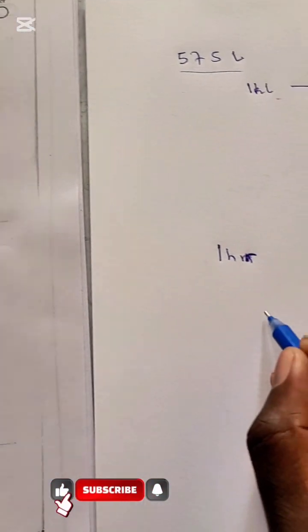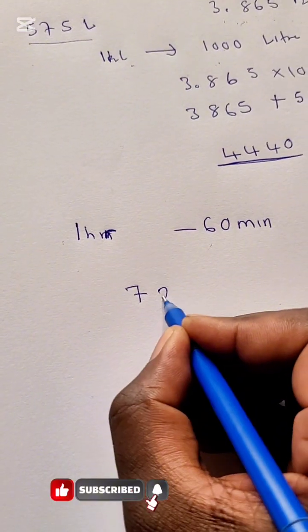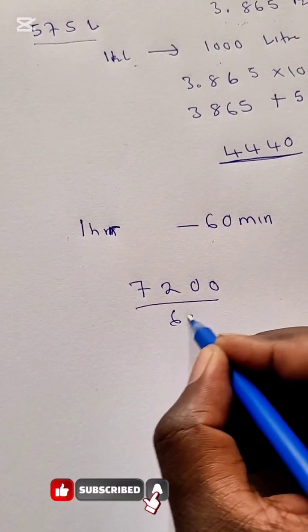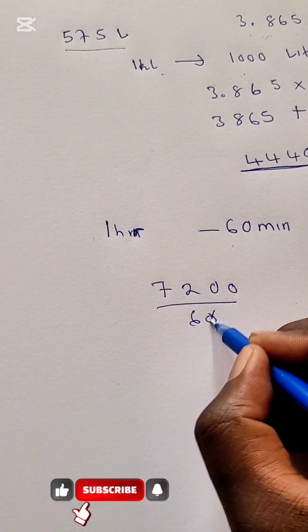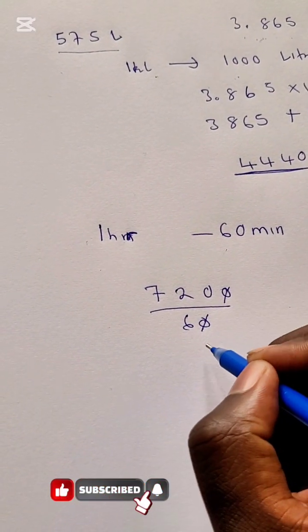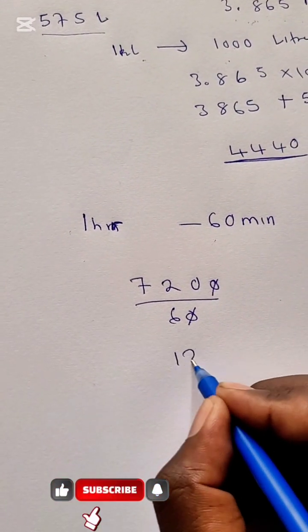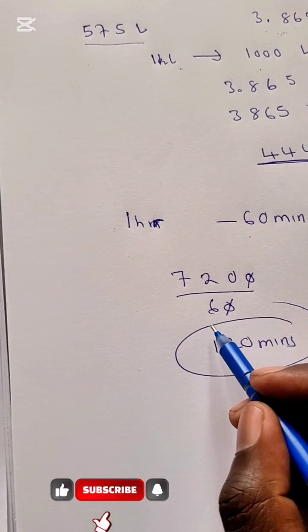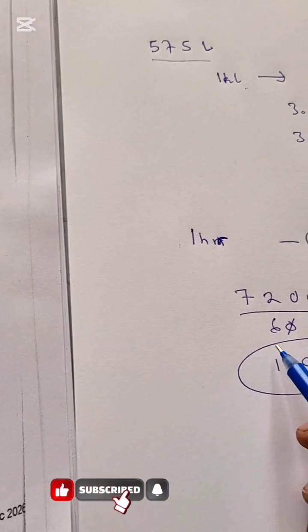So 7,200 divided by 60, then cancel here to get 120 liters per minute. So 120 per minute it is for pumping.